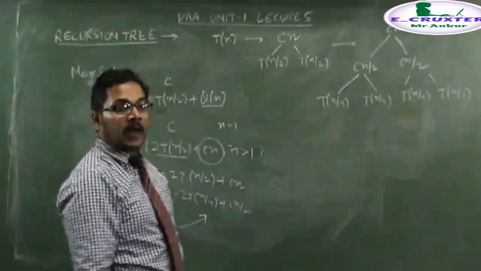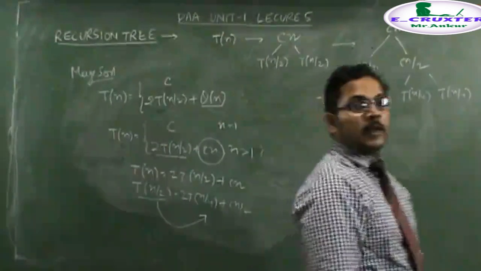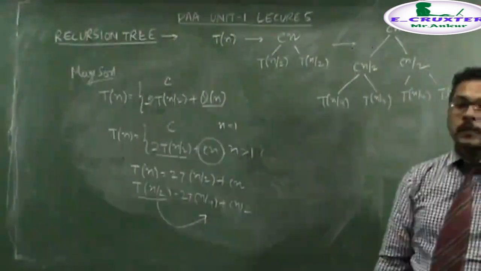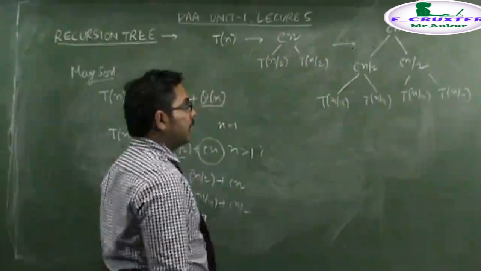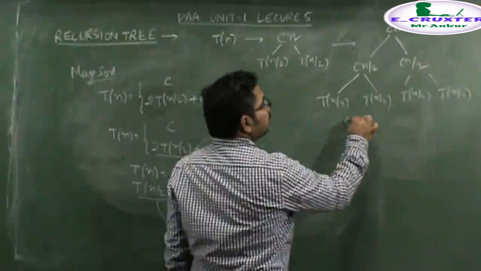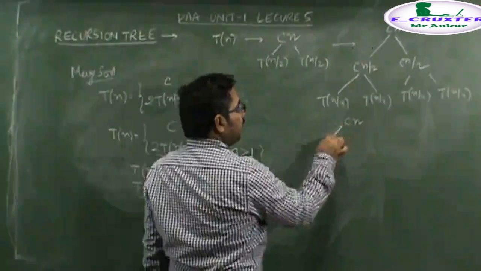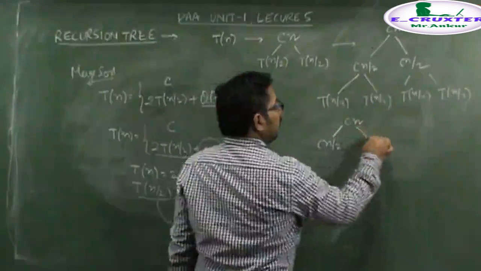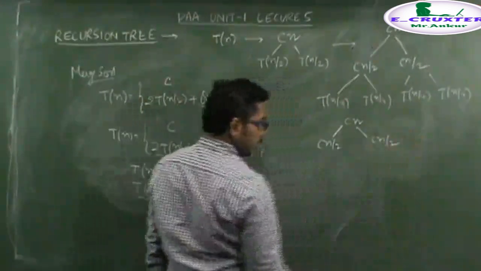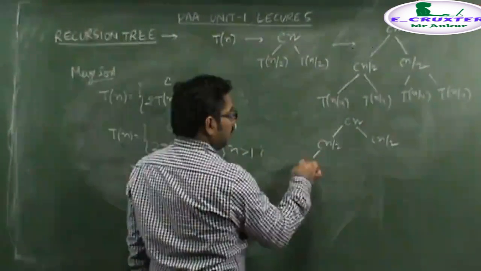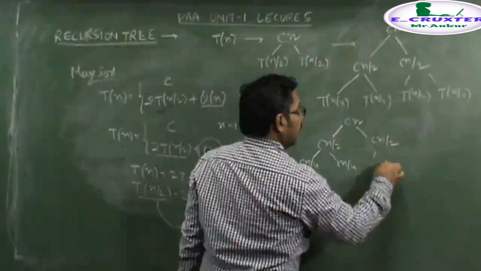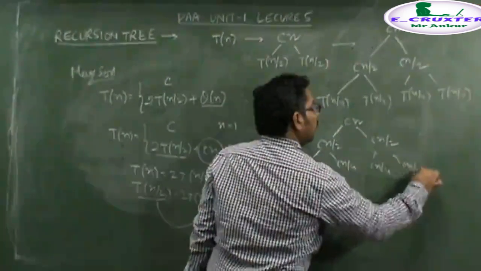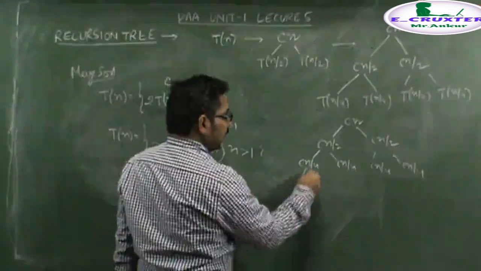Hence, the overall graph of this equation will come out like this. Here it will be Cn, then here Cn upon 2, Cn upon 2, then Cn upon 4, Cn upon 4, Cn upon 4, Cn upon 4, and further you continue.